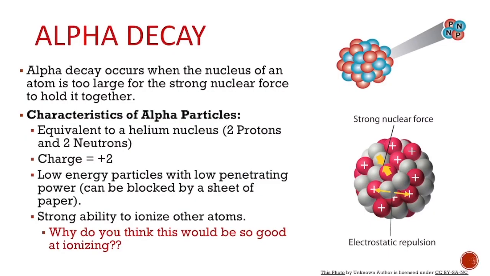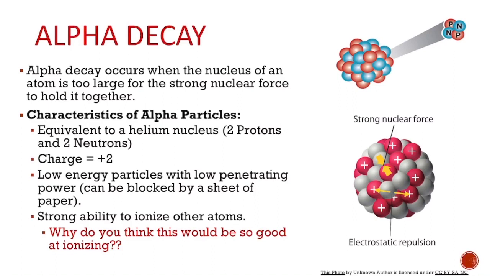All right, so alpha decay occurs when the nucleus of an atom is too large for the strong nuclear force to hold it together. Atomic nuclei are held together by a special force called the strong nuclear force, and it's one of the four fundamental forces in our universe. The other forces are gravity, electrostatic attraction or forces, and the weak nuclear force.